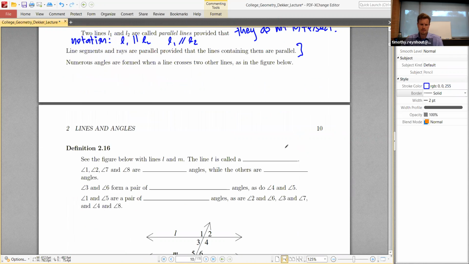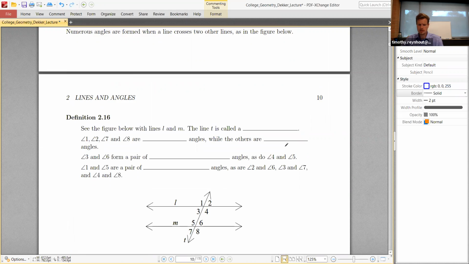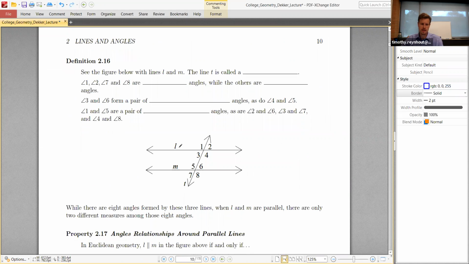So when we have a pair of lines, say L and M, that may or may not be parallel, and we have a line that passes through both of them, T, like this, a large collection of angles are made, 8 in particular. So we have names for these things. L and M we leave alone, but the line T is called a transversal.